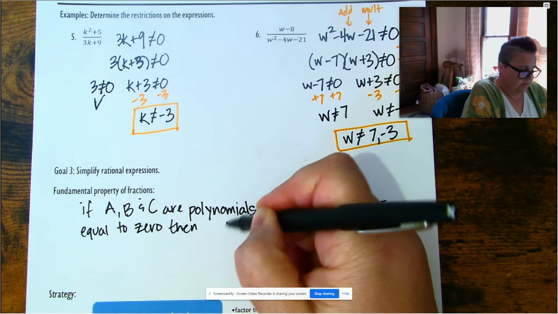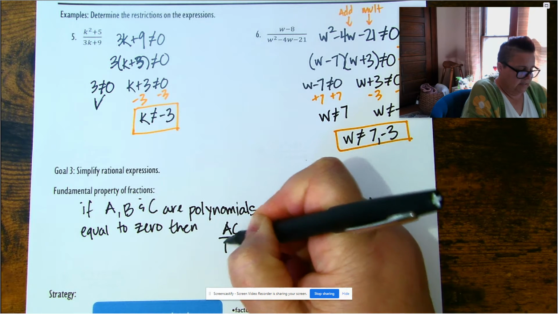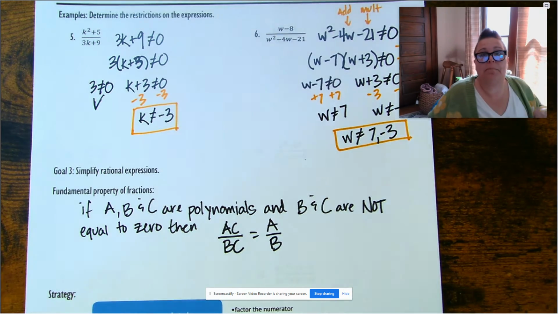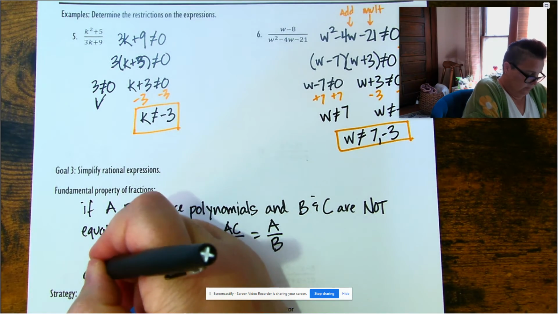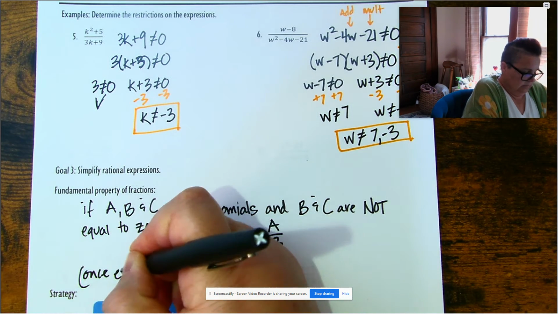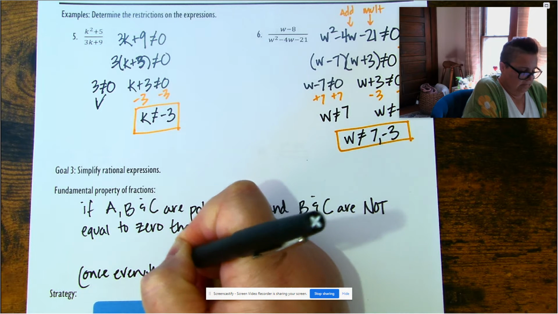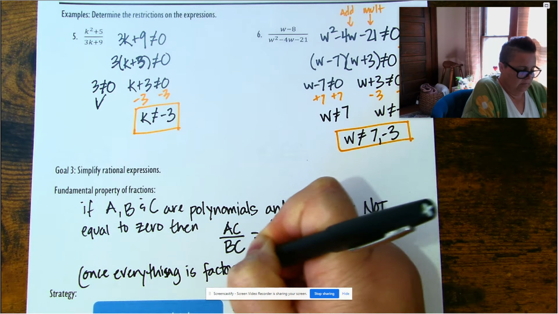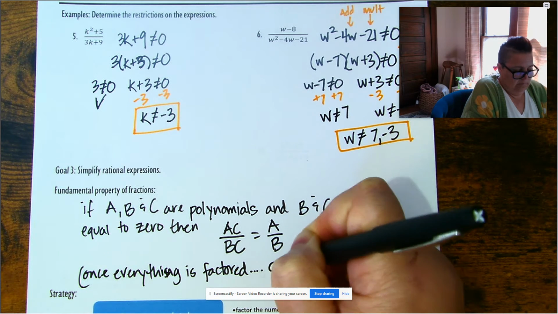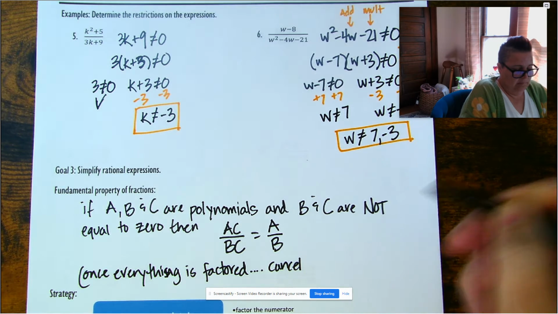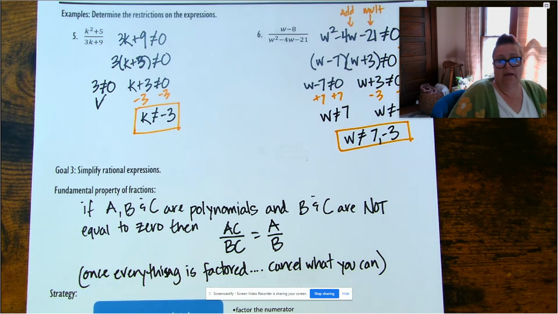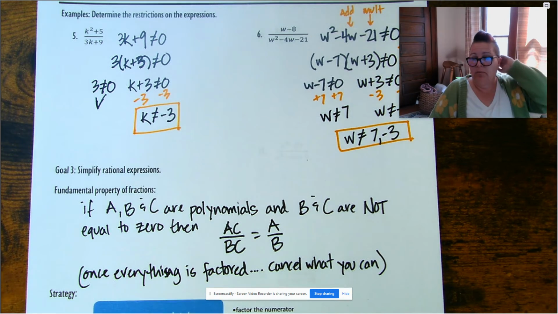Then it must be true that A times C over B times C is equal to A over B. Basically, once everything is factored, you can cancel. That is the fundamental property of fractions.